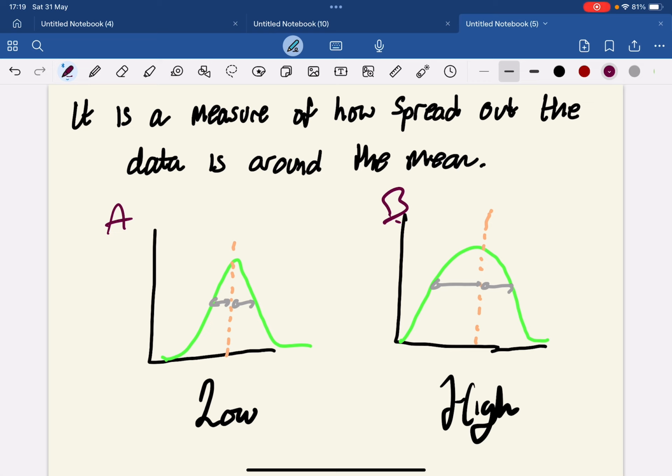So for A, all of our results are close to the mean, and we could say this one is potentially more reliable than set B. It's the standard deviation that tells us this information. For B, which has a much larger curve, the results are much further away from the mean. So the mean in itself doesn't tell you everything.